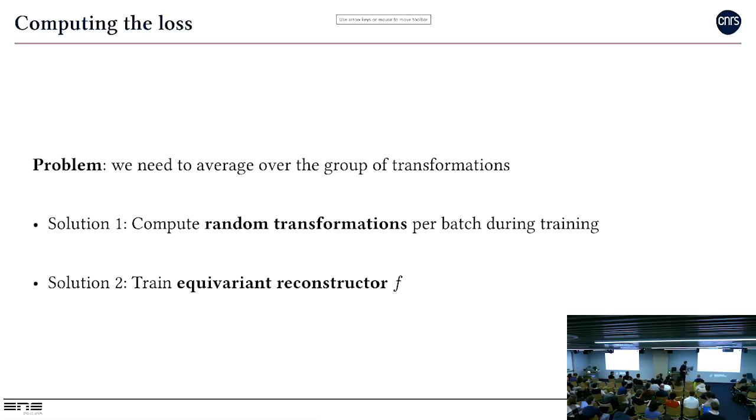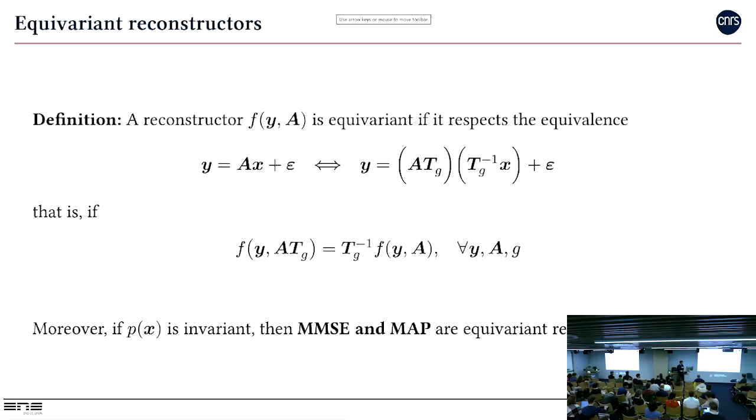All right. So going back to the plots, we said there's one solution which is doing random transformations, and another solution which is training an equivariant reconstructor. I'm going to delve deeper into what I mean by that. We first need to define what equivariance is in the context of inverse problems. And this, to my surprise, was not very well defined yet in the literature.